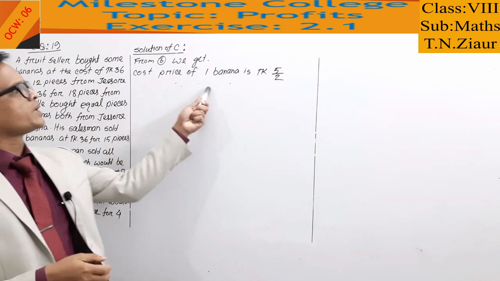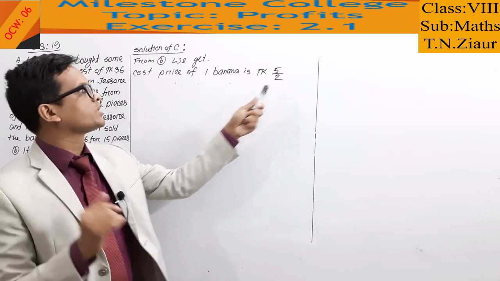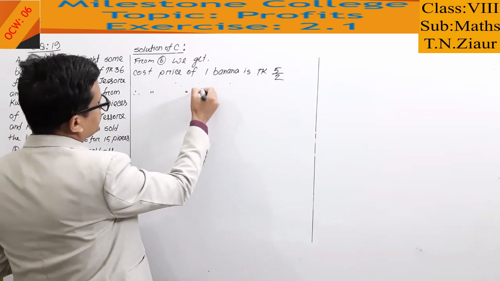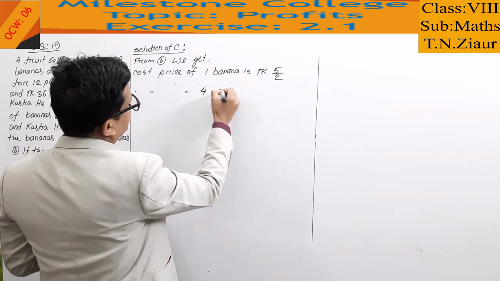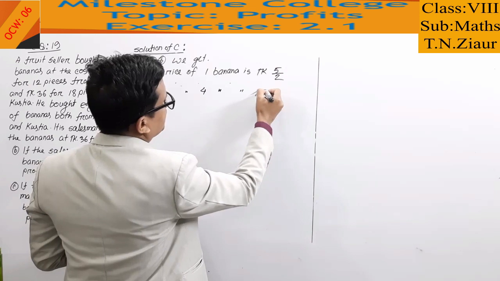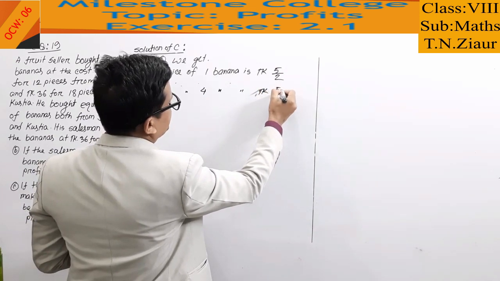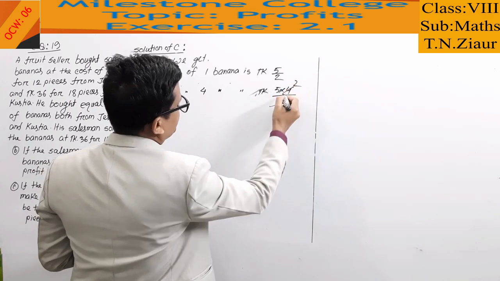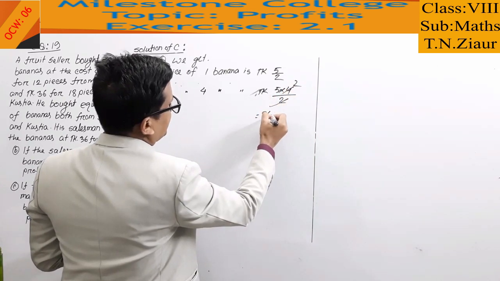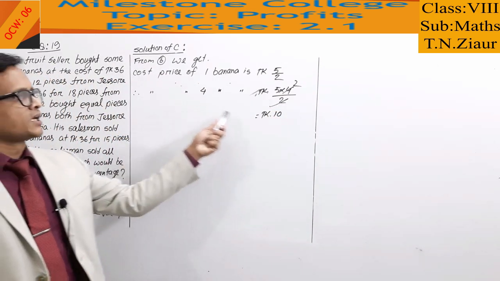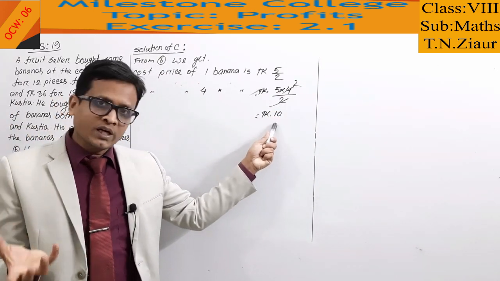From B we get this one. So what will be the cost price of the 4 bananas? So taka 5 into 4 by 2, that means 2 2 are 4, 5 2 are 10 taka. Okay, so it will be the cost price of 4 banana. Cost price of 4 banana is 10 taka.